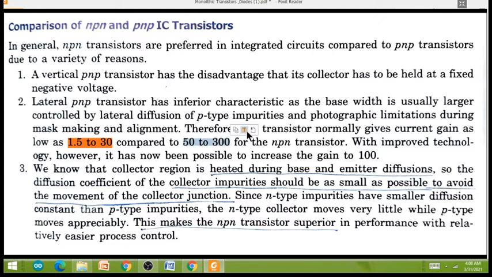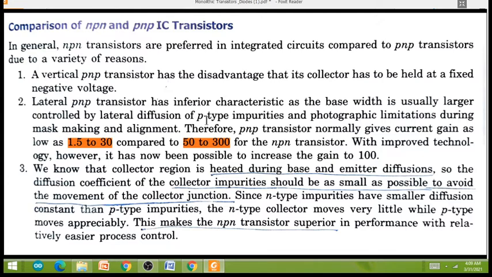So these are drastic variations, almost a 10 times jump you can observe from the lateral to the NPN. The inferior characteristic is observed because of the lateral PNP transistor.